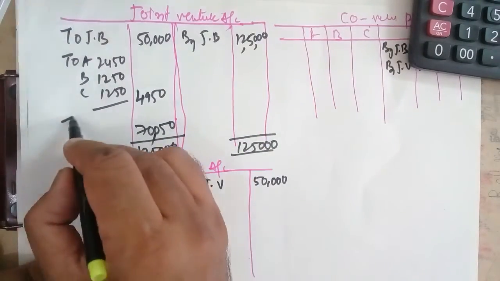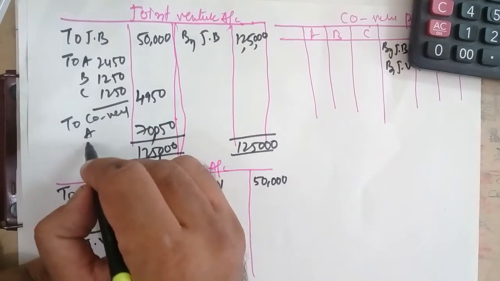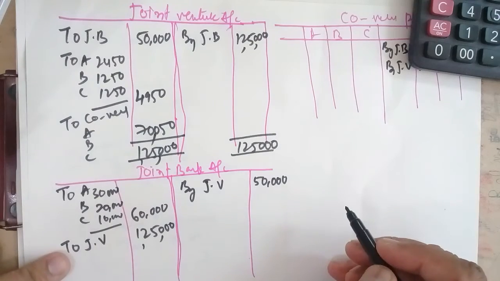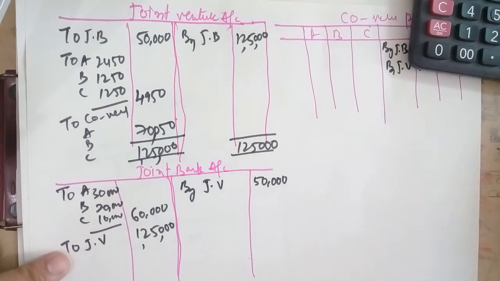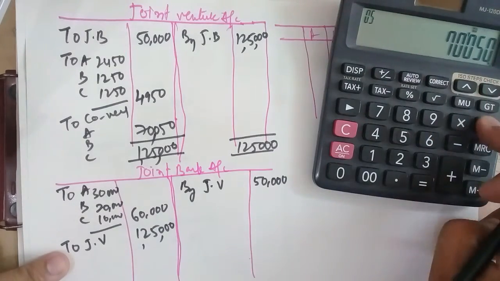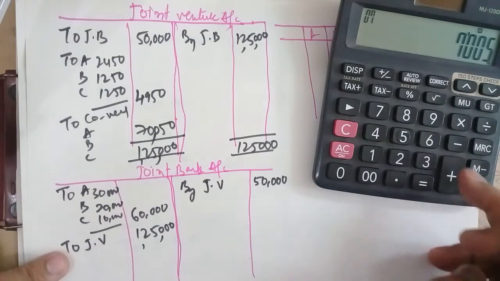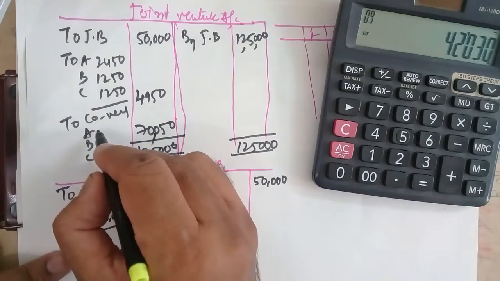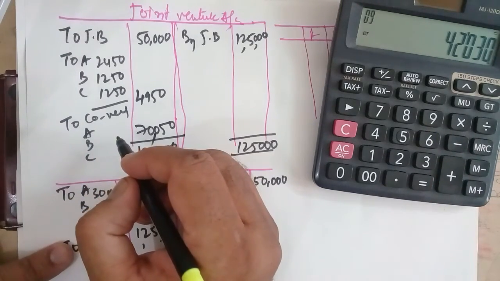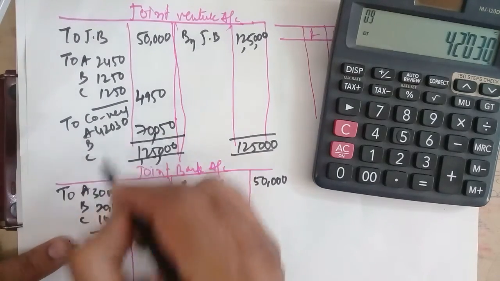This profit should be transferred to which account? Co-venturers account, that is A, B, C. In which proportion? The proportion is already given, 6:3:1. So it should be divided in that ratio, divided by 10. The first one is 42,030.